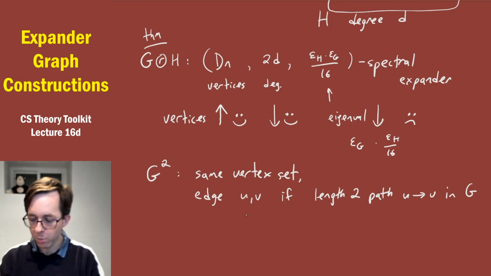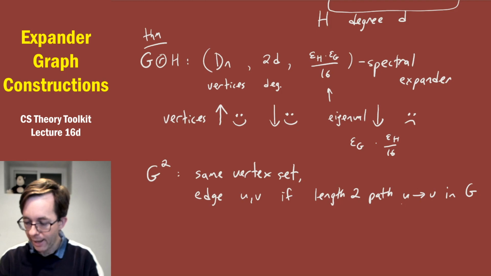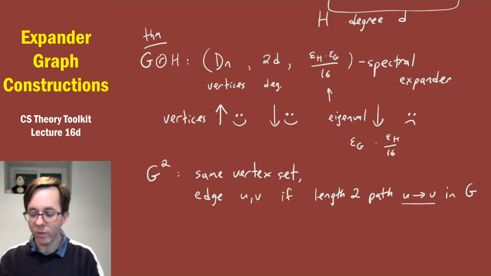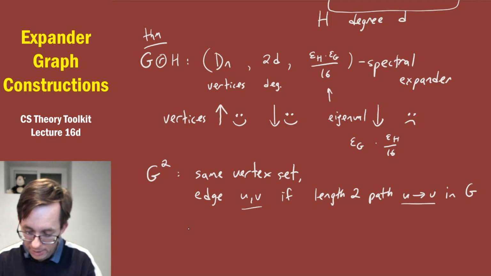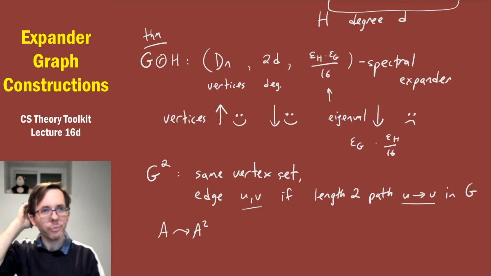If there are L different length 2 paths from U to V, then you should put L parallel edges from U to V. Another way to put it is simply that the adjacency matrix gets squared. That's exactly what's going on here.